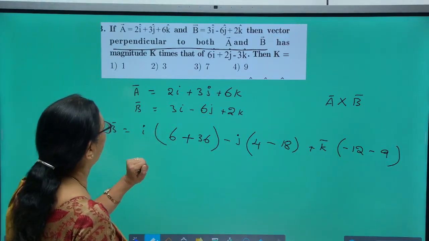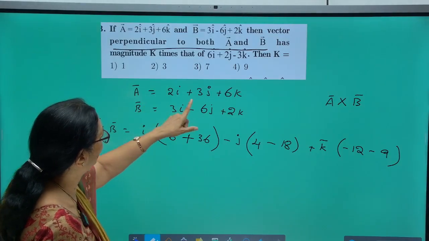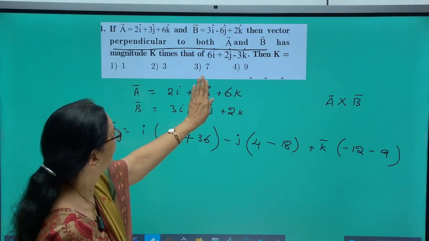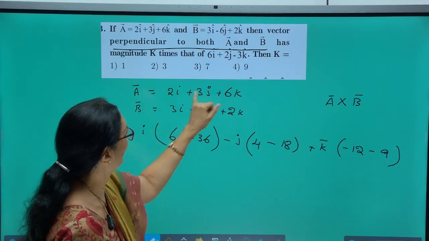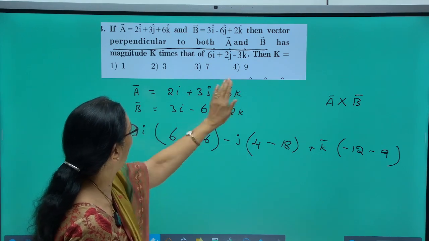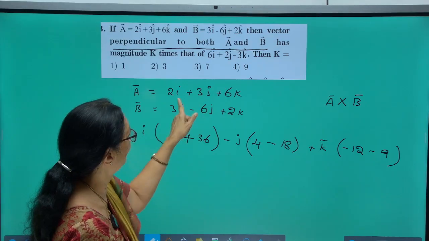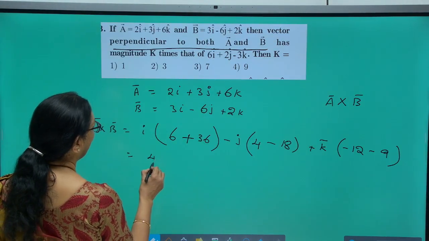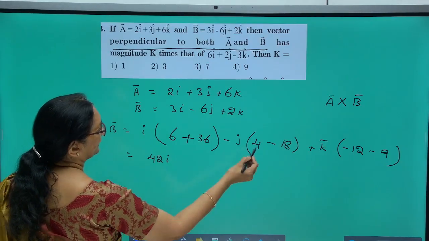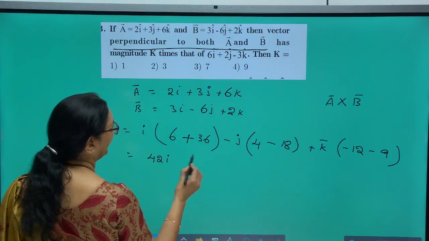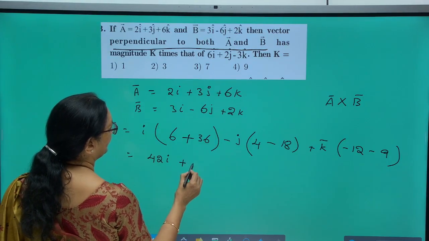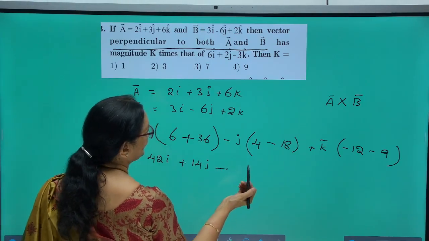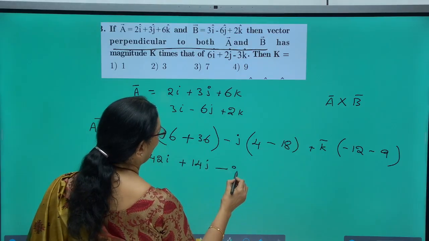So, I am just verifying it once again. I bar into 6 plus 36, J bar into 4 minus 18, K bar into minus 12 minus 9. So, this becomes 42 I bar, 4 minus 18 is minus 14, so plus 14 J bar, minus 21 K bar.